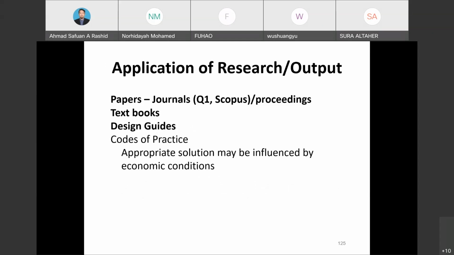Output. It's better for you if you can produce a good journal paper. Based on my experience as an external examiner, I have examined a PhD student from Monash University, which is located in Malaysia, not in Australia.